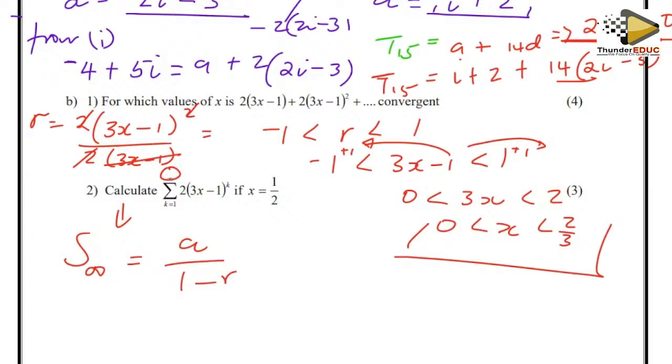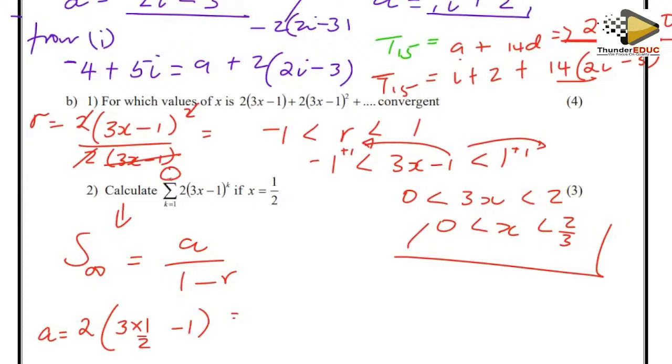So if x is a half, we are required to find the value of a. So that's going to be 2 into 3 times a half minus 1.